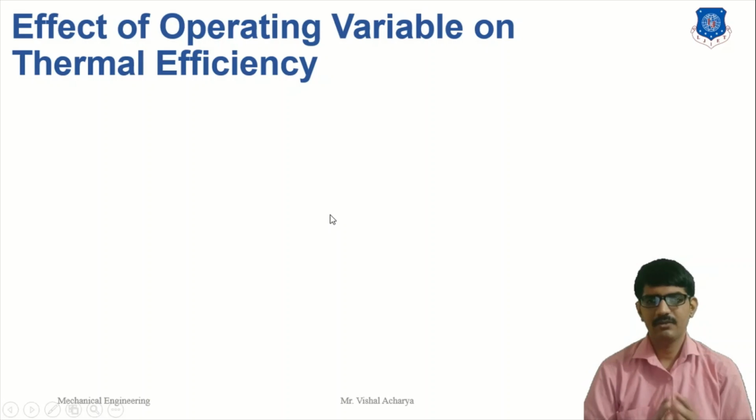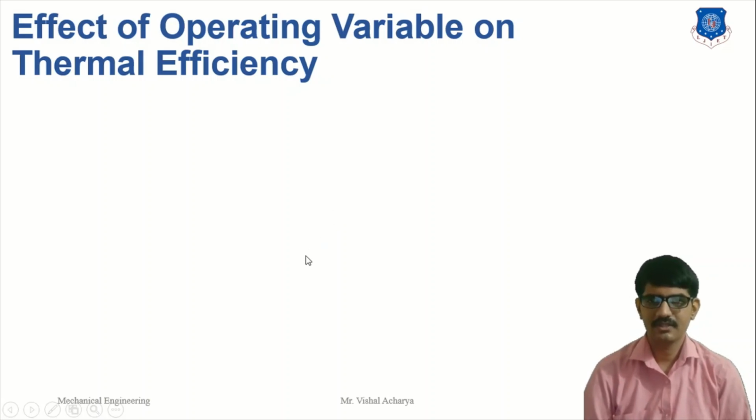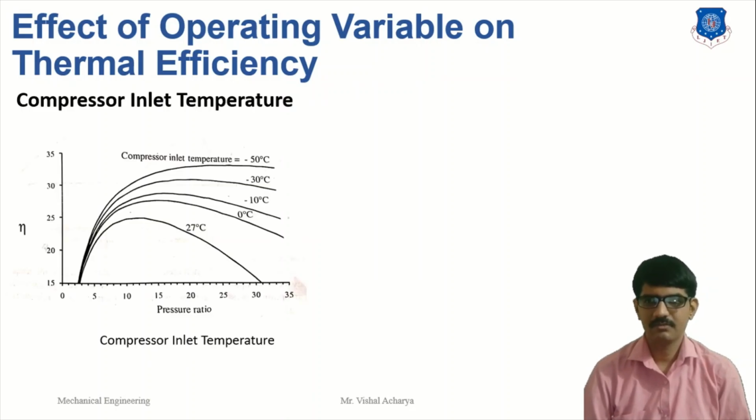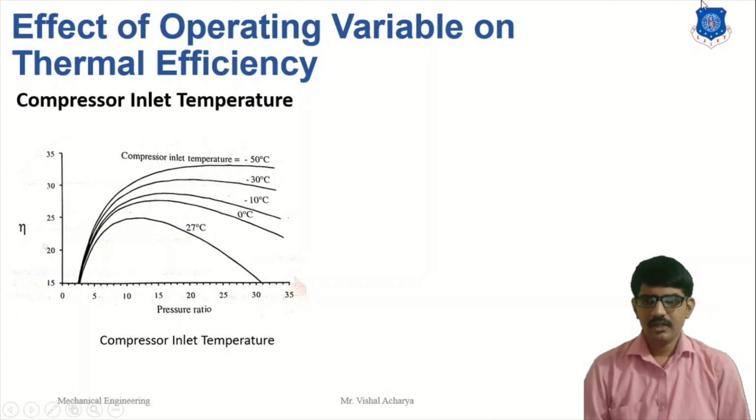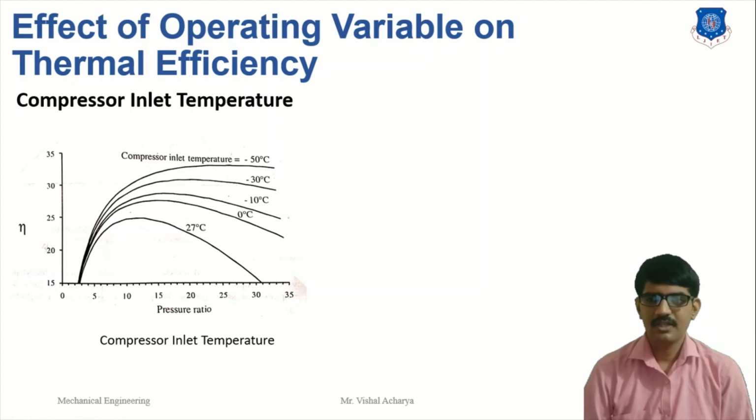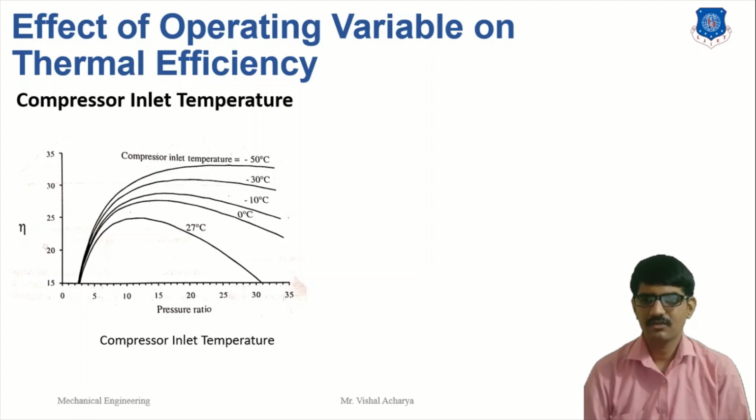Here, the effect of the operating variable on thermal efficiency. Here we discuss the gas cycle. The first parameter is the compressor inlet temperature. When the compressor inlet temperature is increased, the Brayton cycle diagram moves to the right-hand side because the temperature is increased, and our maximum temperature in the turbine is constant.